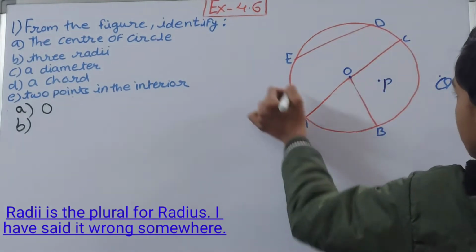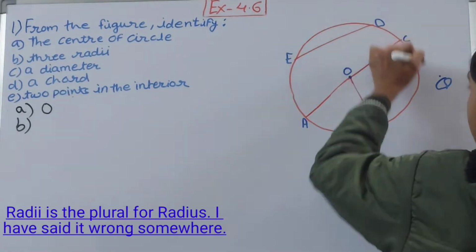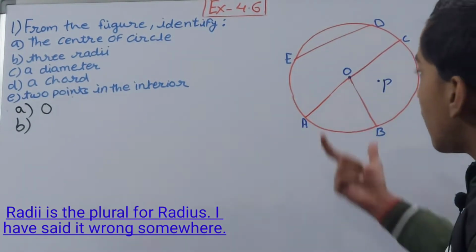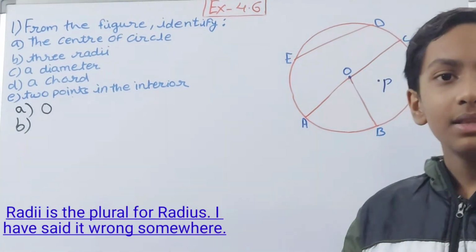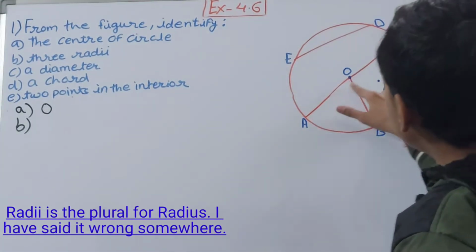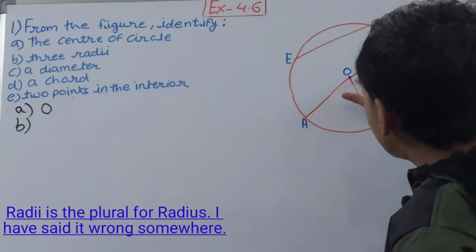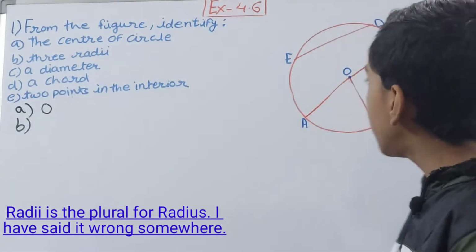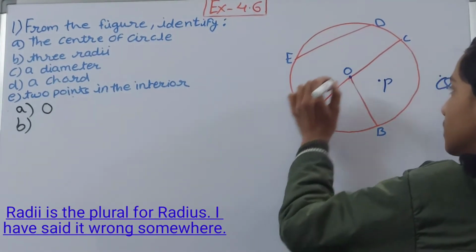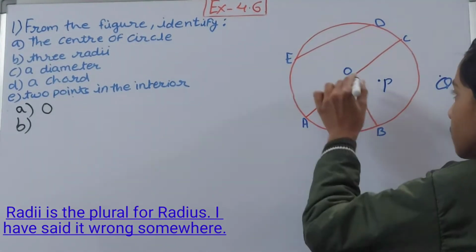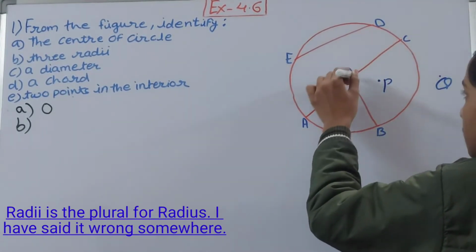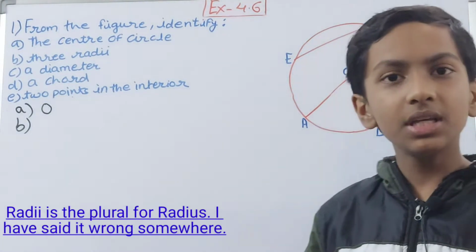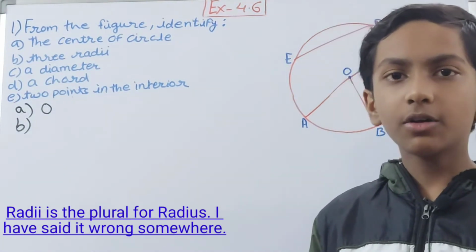So any point on this boundary that connects to the center with a straight line, any point from boundary to the center, this is our radius. A radius is a part of a diameter.